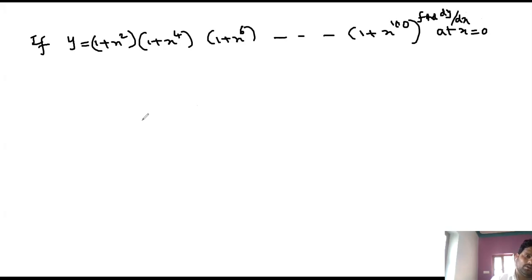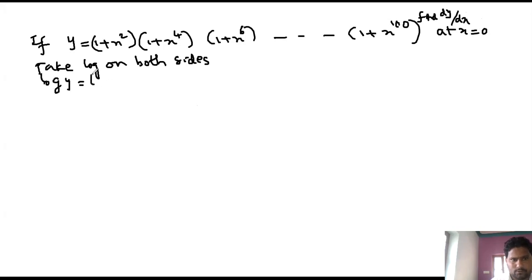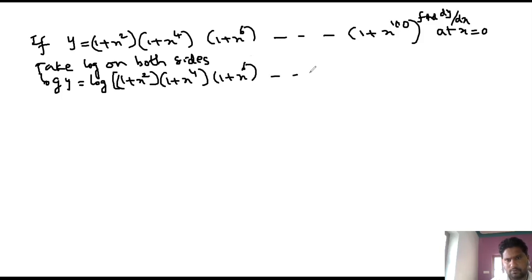So here also it is a product of 50 functions. So take logarithm on both sides. That is, log y is equal to log of (1 plus x squared)(1 plus x to the 4)(1 plus x to the 6) up to (1 plus x to the 100).